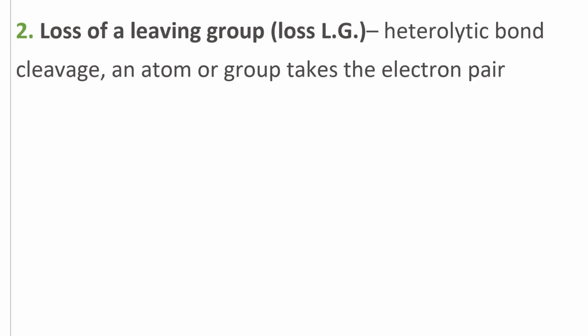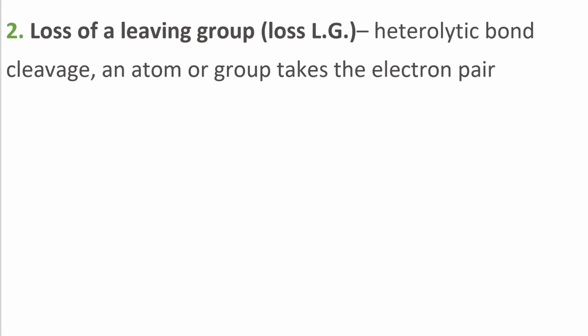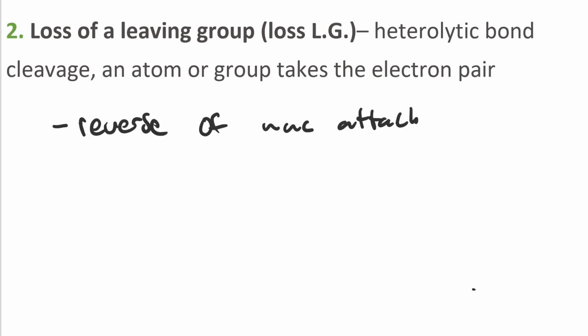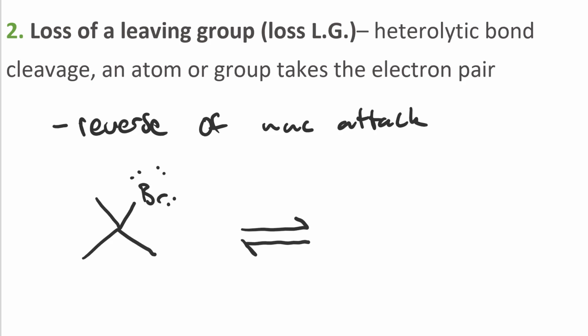The second pattern is loss of a leaving group. You can think of this as the reverse of nucleophilic attack. A pi bond turns into a lone pair. How would loss of a leaving group work here? Well, bromine is the leaving group.